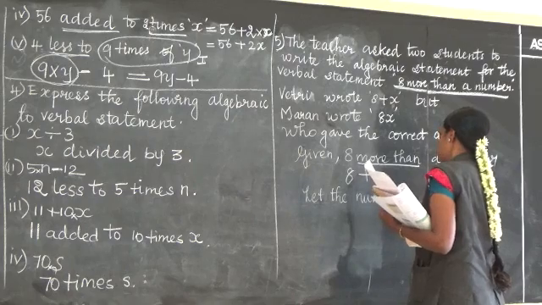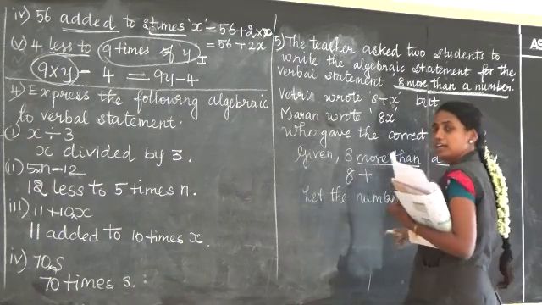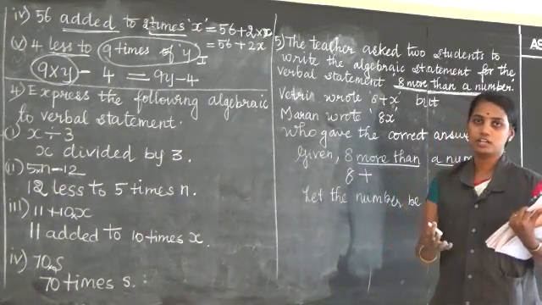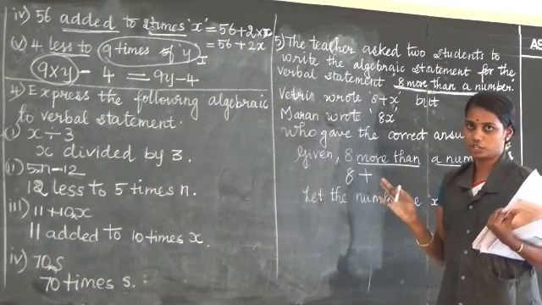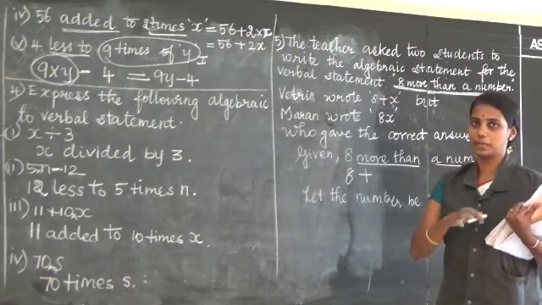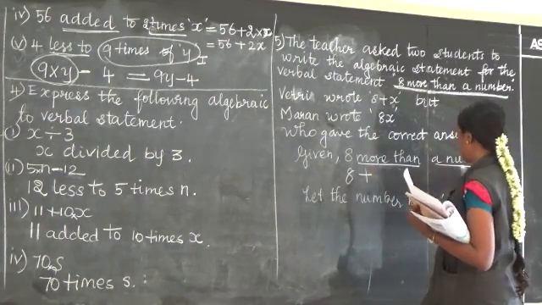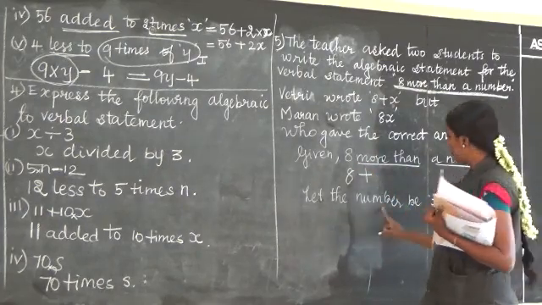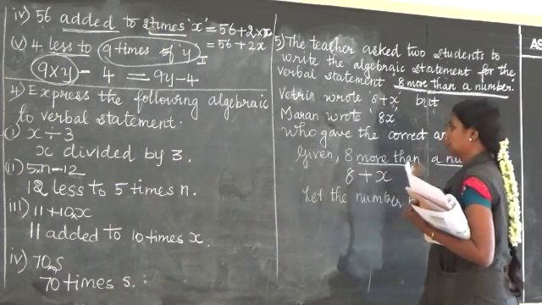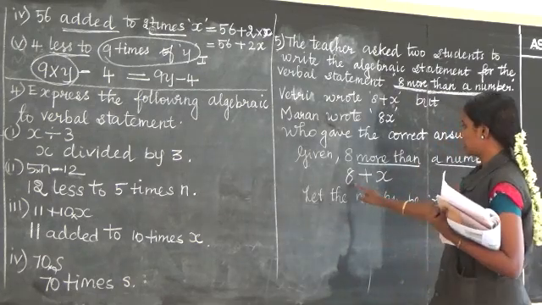Any letter, it may be any letter. You can keep y, a, b, c, that is your wish. Since we don't know the number, we used a letter. 8 more than a number we don't know, so number I consider as x. So 8 plus x is correct answer.